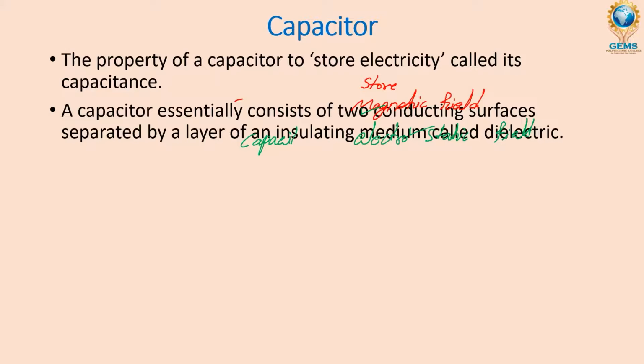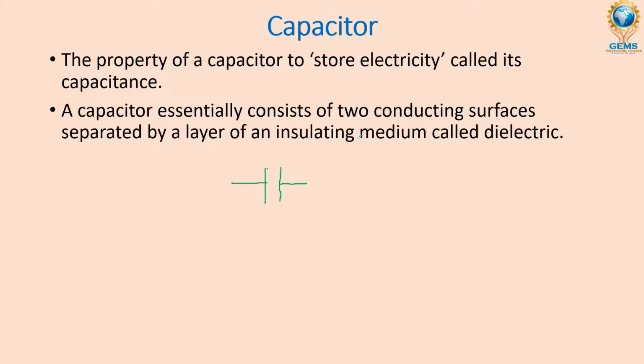A capacitor essentially consists of two conducting surfaces separated by a layer of insulating medium called dielectric. We already discussed about the capacitor. Capacitor is like this. Consists of two conducting surfaces.